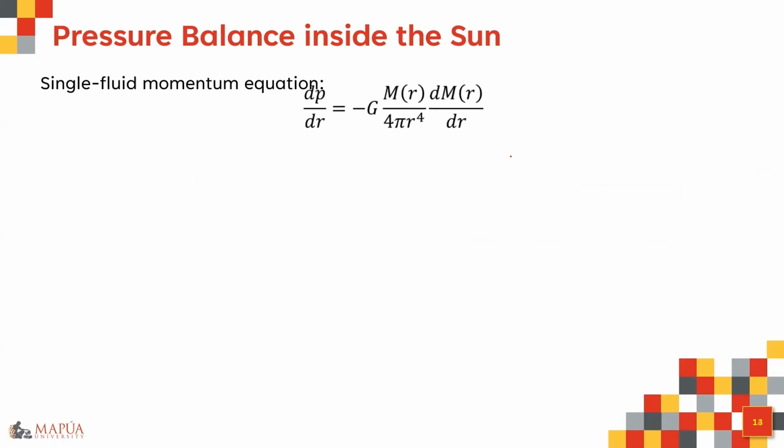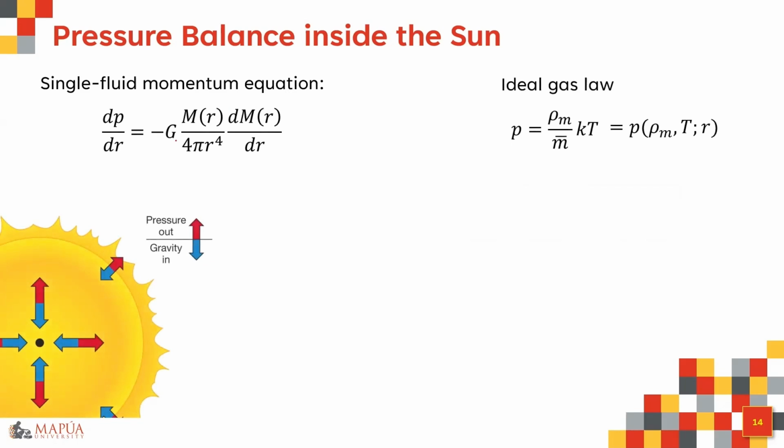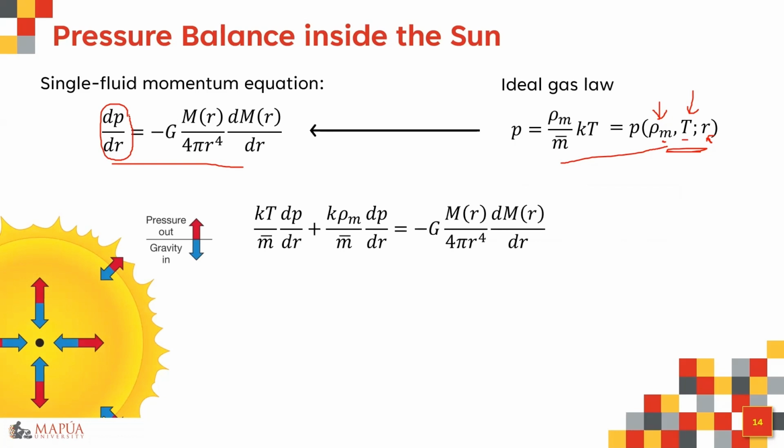Combining everything together, you have your single fluid momentum equation and your ideal gas law. So your pressure here is a function of density and temperature, which are both functions of your distance. Putting these variations here, this derivative will now have two terms, using the product rule, product slash chain rule.